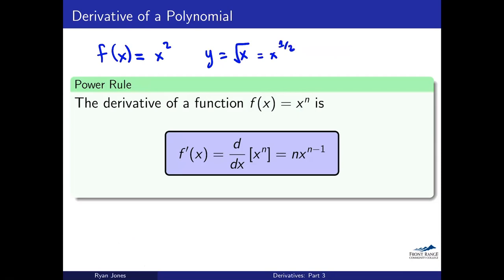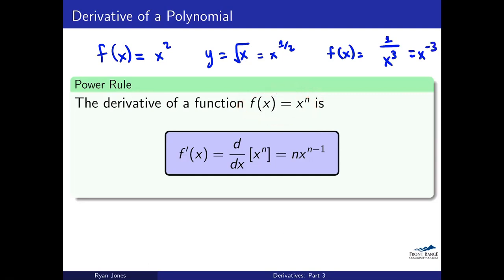This would fall under this format of x to the n that we're looking at. I could have f of x equals 1 over x cubed, because I could rewrite this as x to the -3, and again, that falls under this format.